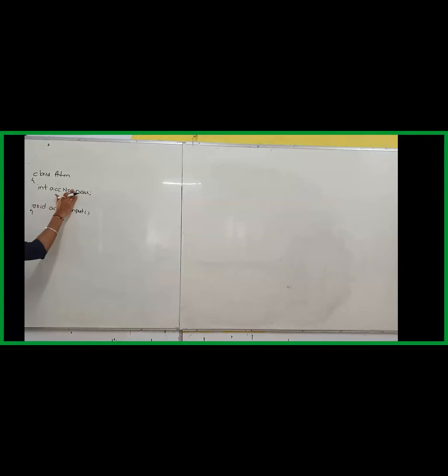So here, this is the account number which is already present inside ATM machine. Okay, same integer type, pass equals to, what is this? This is the account number which is already present inside ATM. That is password which is already present inside ATM. Anyways, inside ATM it will not be present.